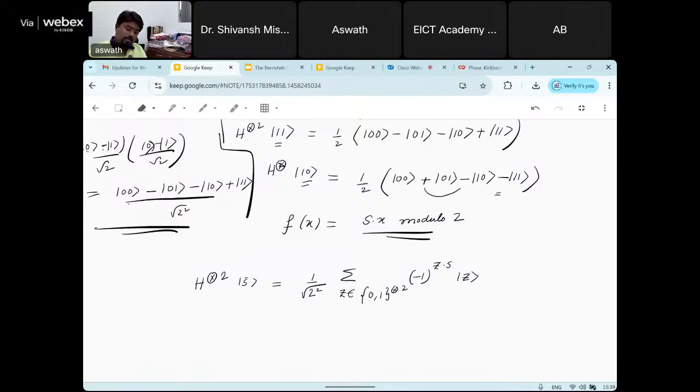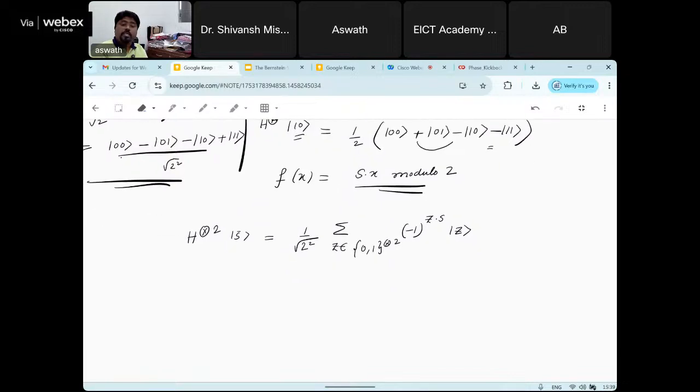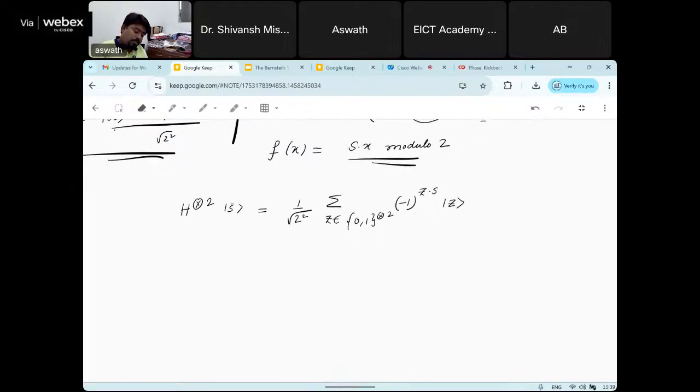You guys know that. So using this, I can now generalize for any s, for any n: 1 over square root of 2 to the power n, summation over z belonging to {0,1}^n, minus 1 to the power of z times s, z ket.